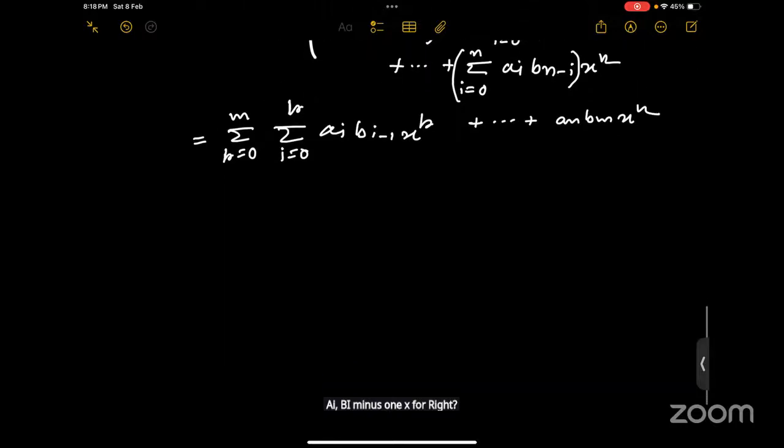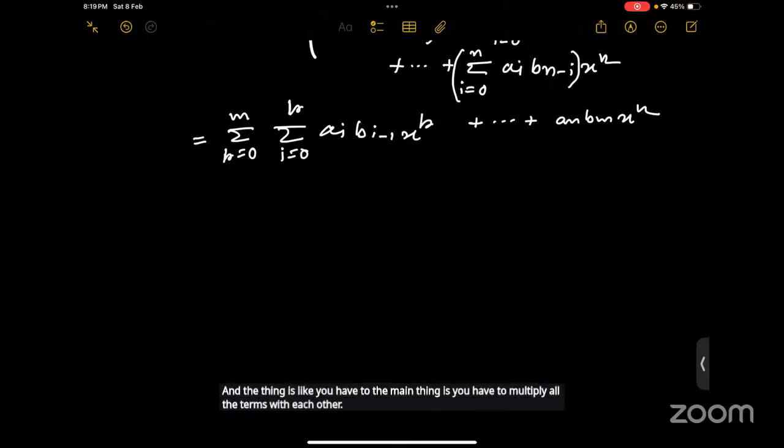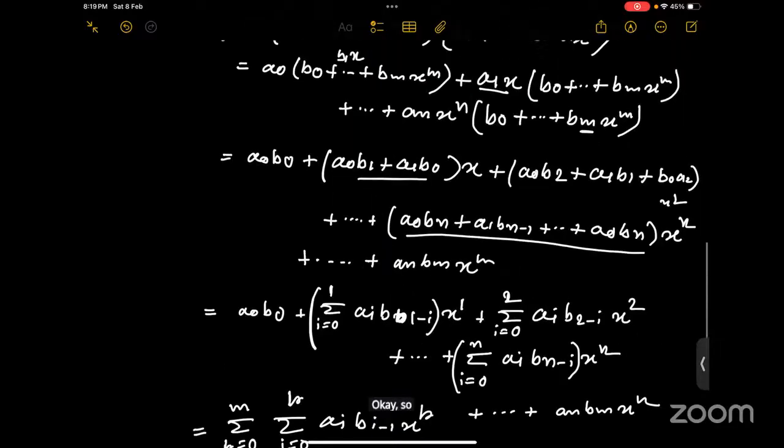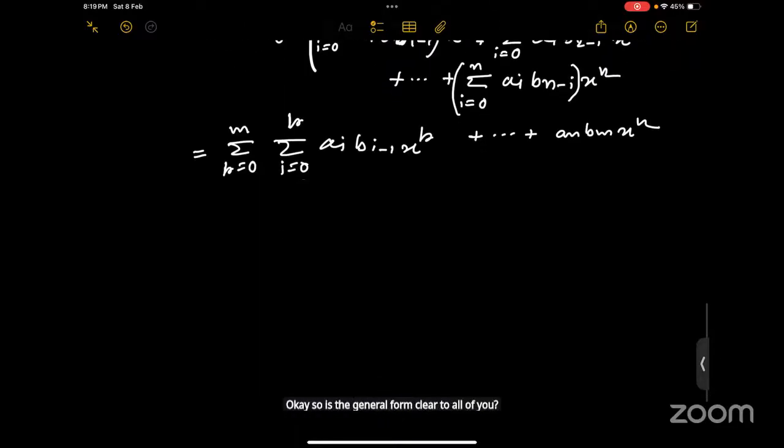Is it fine? So this is the general formula for multiplication of polynomials. The main thing is you have to multiply all the terms with each other. Is the general form clear to all of you? Then we can move to an example.